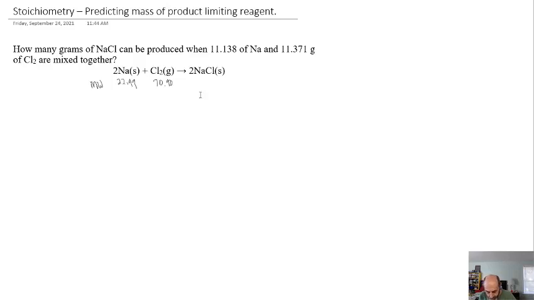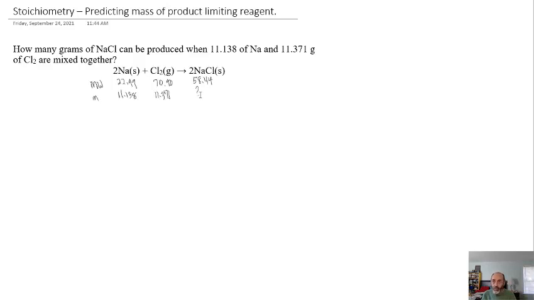And 1 mole of sodium chloride is 58.44. Now, the mass given for sodium is 11.138, and for chlorine is 11.371, and we have to figure out the amount of product.